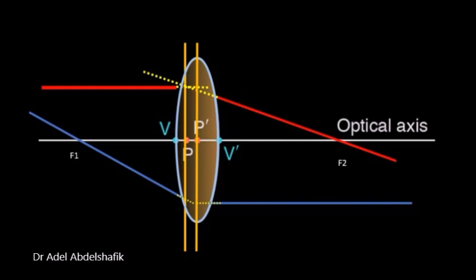In thick lenses, we have two principal planes, but in a very thin lens, we can have only one principal plane. In general, the principal plane P and P' do not coincide with the vertices.